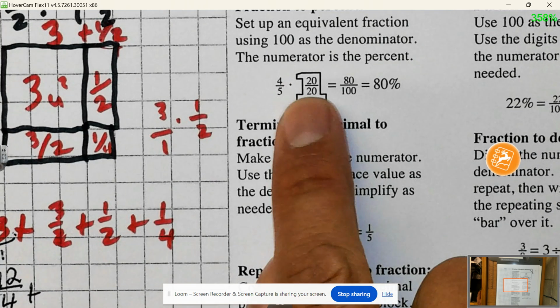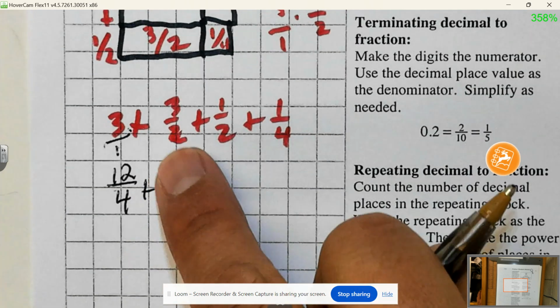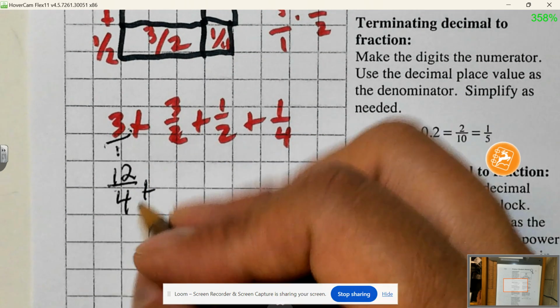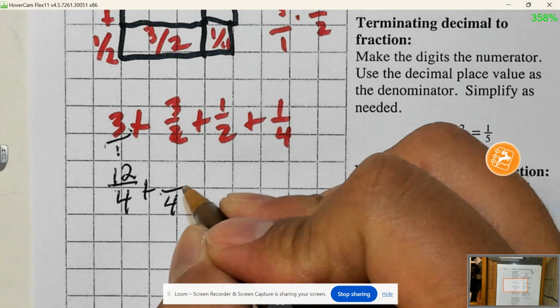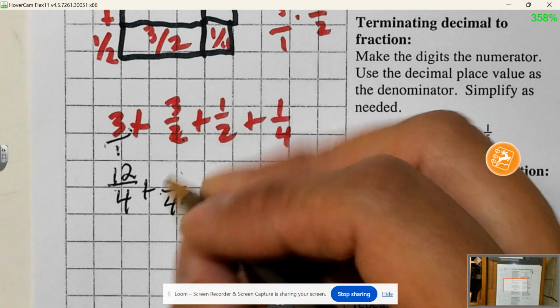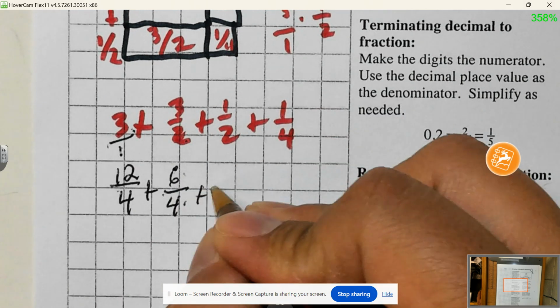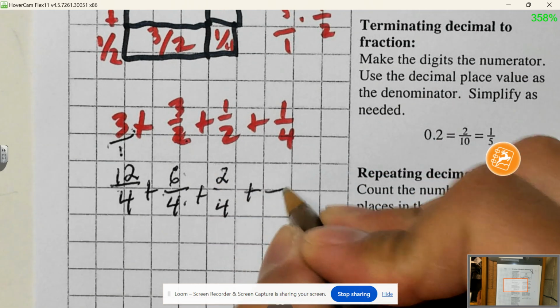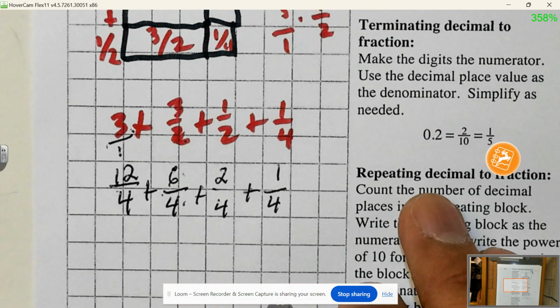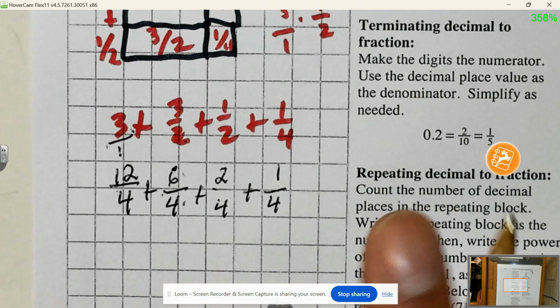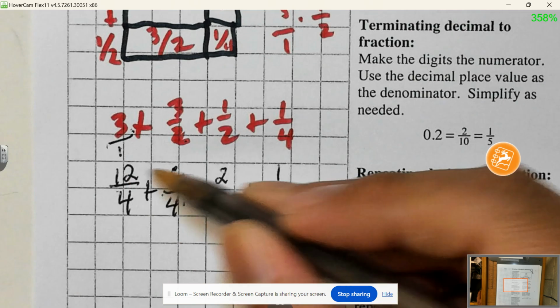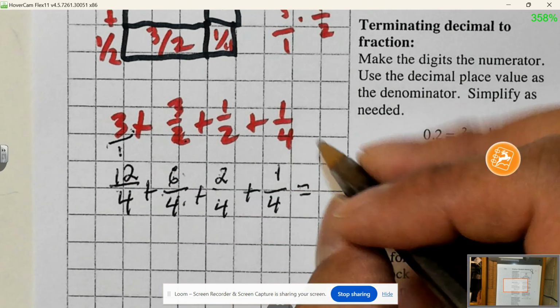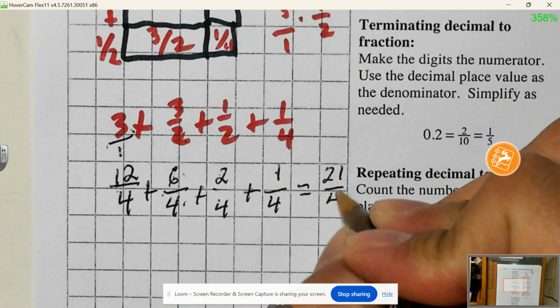This is a giant 1, so we can change 3/2 to fourths. Multiply by 2, multiply by 2, that's 6/4. For 1/2, we have 2/4. And for 1/4, we keep it the same because it has the same denominator. So this gives us 12 plus 6 plus 2 plus 1, which is 21/4.